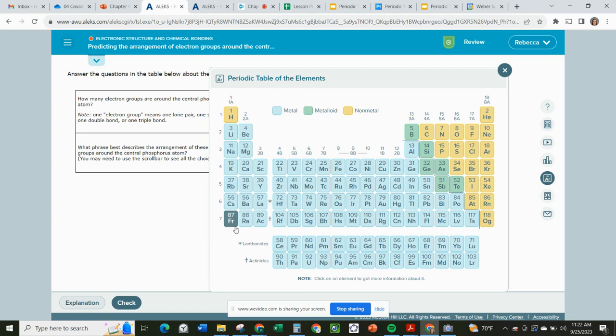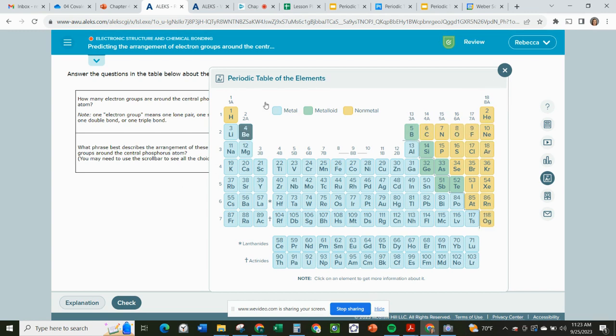Everything in this column has 1 valence electron. Everything in this column has 2 valence electrons. These are more complicated, so we're skipping those for this class. This column has 3 valence electrons, 4 valence electrons, 5, 6, 7, 8.